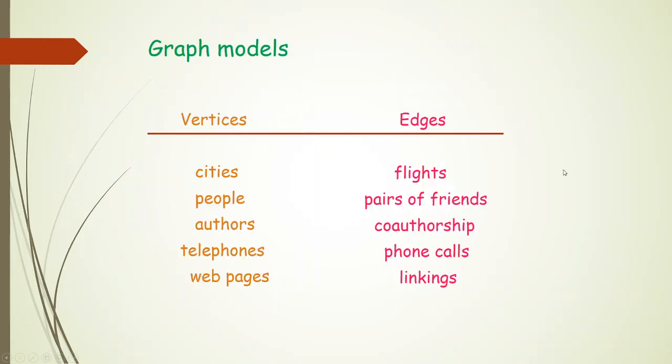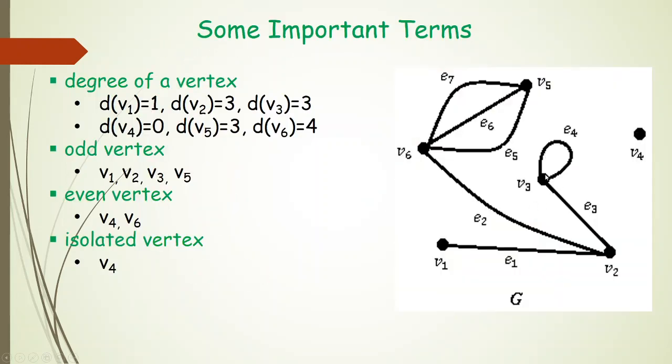So you have 1, 2, 3. So you count the loop twice. The degree of V sub 4 is 0 because there is no edge incident to it. The degree of V sub 5 is 3. You just count the number of edges incident to V sub 5. And lastly, the degree of V sub 6 is 4. 1, 2, 3, 4.